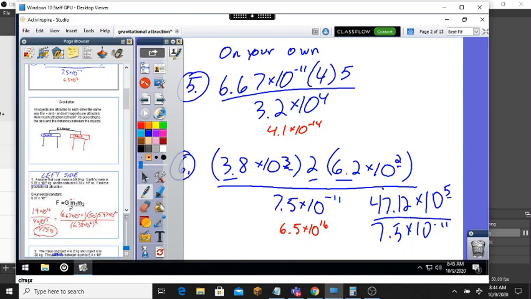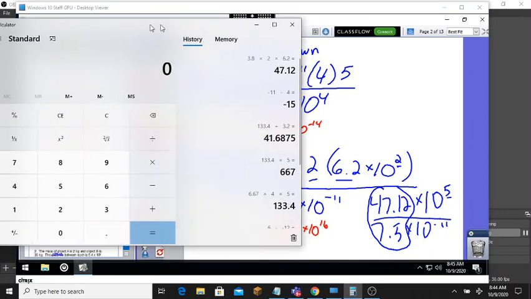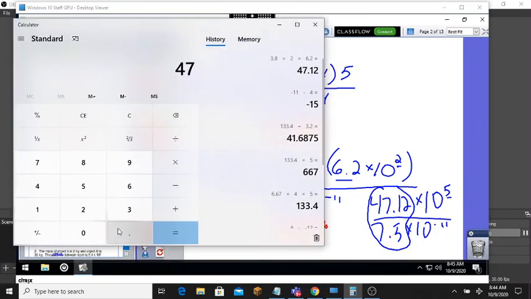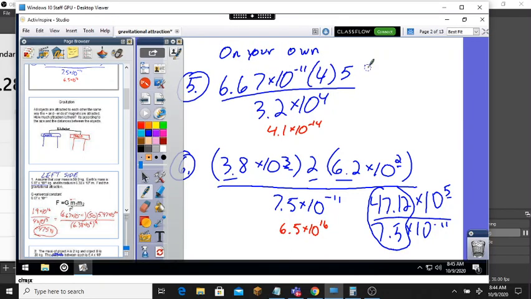And now we're going to have to divide this right here, right? 47.12 divided by 7.5 gets me 6.2. I'm going to put it over here.